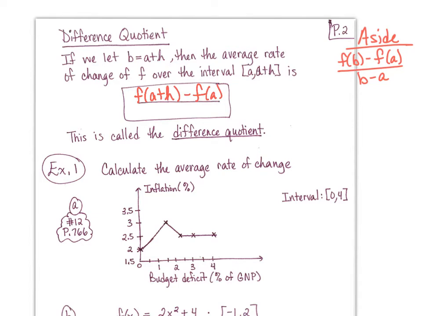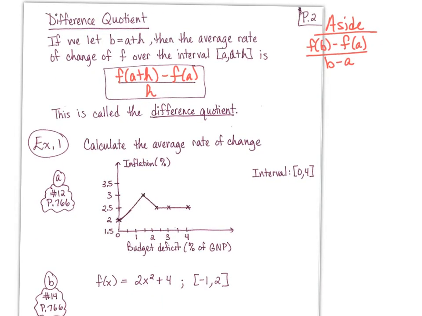So you're just going to be left with H. So you have F of A plus H minus F of A over H. This is called your difference quotient. Now we're going to go through an example where we are calculating the average rate of change.